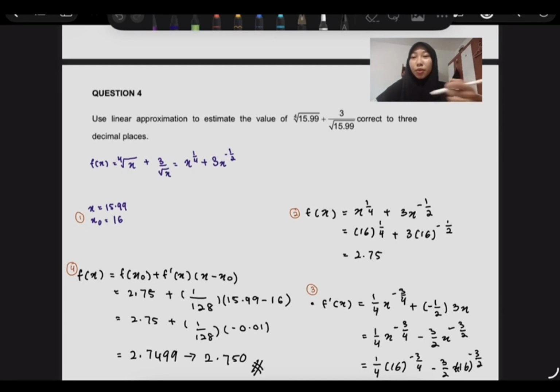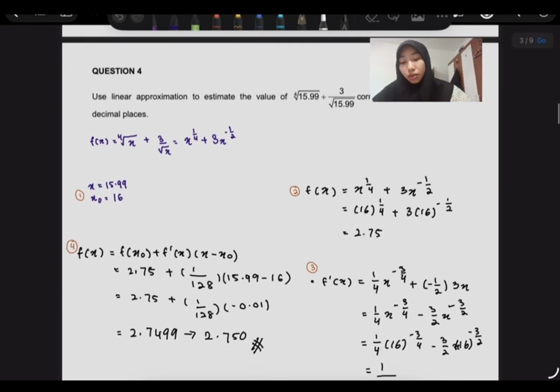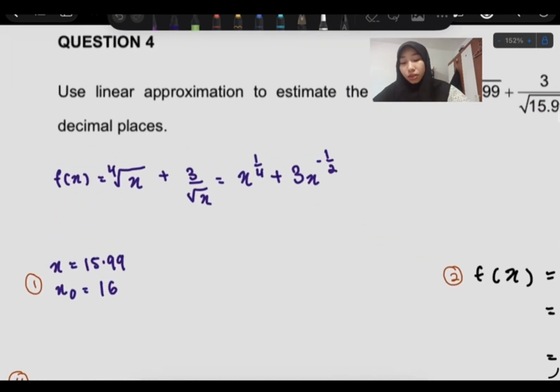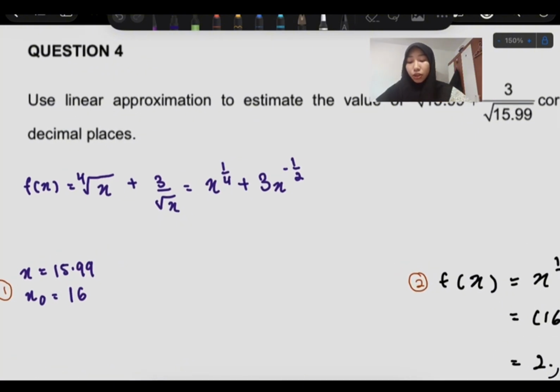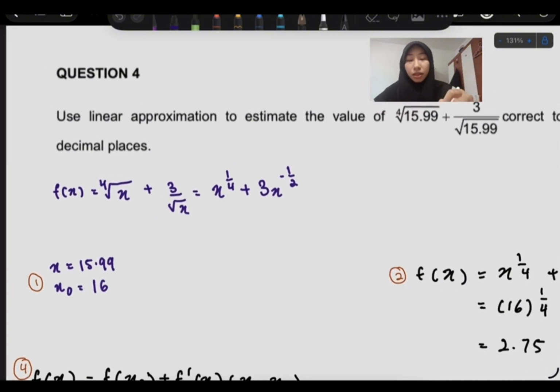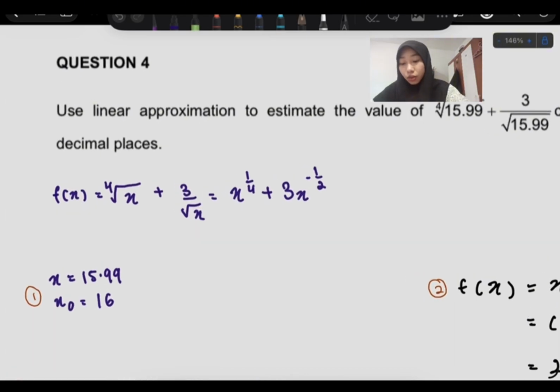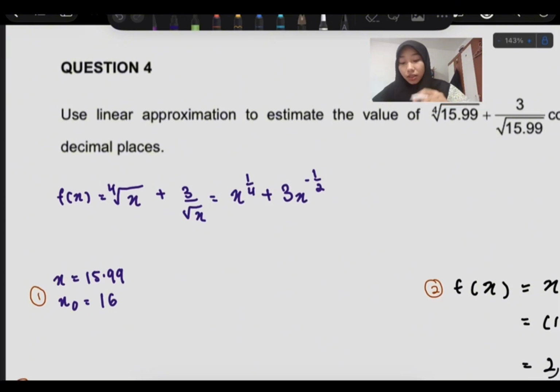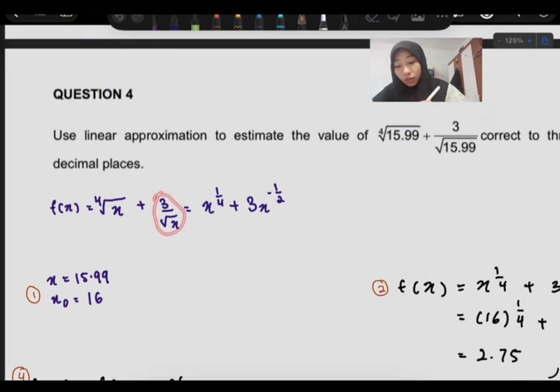Hello, so today I'm going to solve question 4. So for this, we are going to replace the number 50.99 with x. So we get f(x) equal to 4 root of x plus 3 over the square root of x.